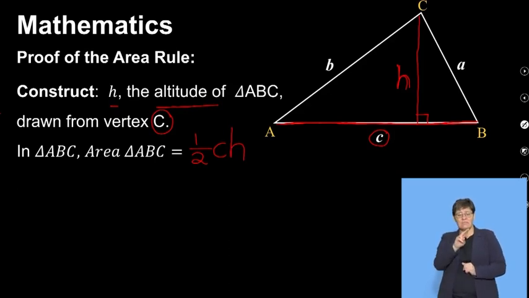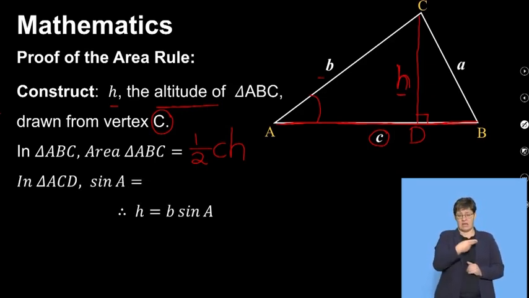Now, looking at this triangle, I'm going to label this piece here D. Looking at triangle ACD, we're going to try and find the sine of angle A. And what is sine of angle A? Sine of A is opposite over hypotenuse. So, let's write that down.